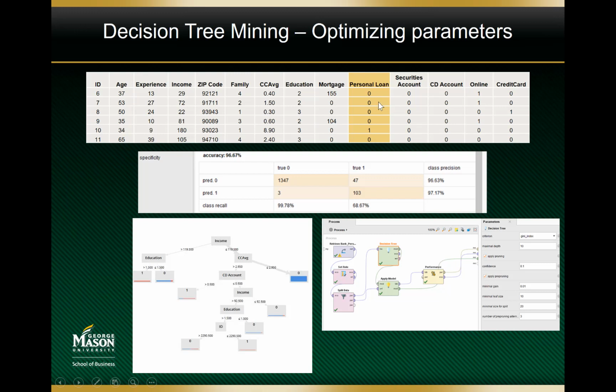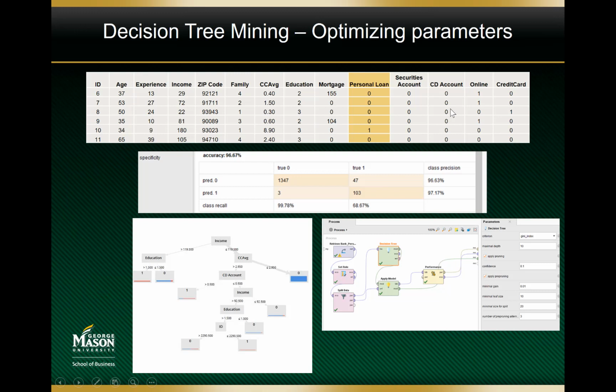So the bank had done a campaign recently where they made an offer of a personal loan to their customers, and those customers who accepted the personal loan offer were categorized as a 1, and those who did not were categorized as 0. And for every customer, you have different features or characteristics of the customer, such as age, income, number of people in the family, the average credit card balance, whether or not they had a CD account with the bank, all those characteristics.